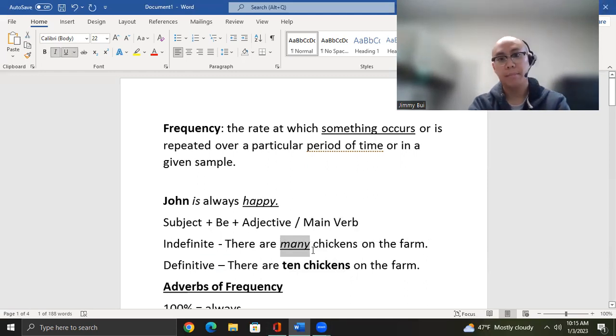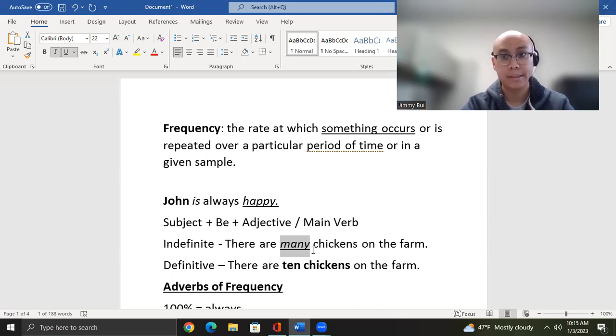The word many, it's a countable number, right? But as opposed to counting it, I use the word many to express that there is a large number of chickens on the farm. And the word many could change depending on the speaker. Some people may consider many chickens to be 100.